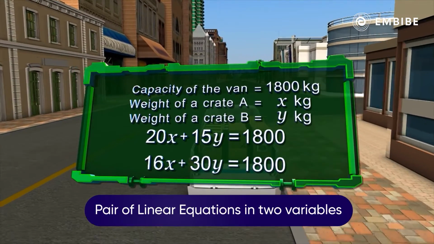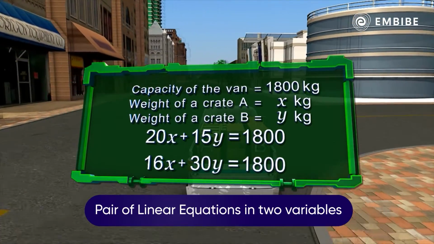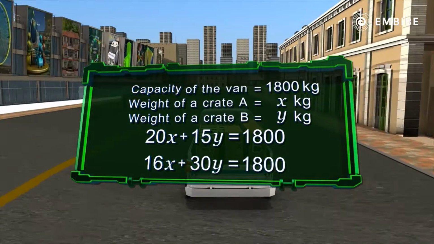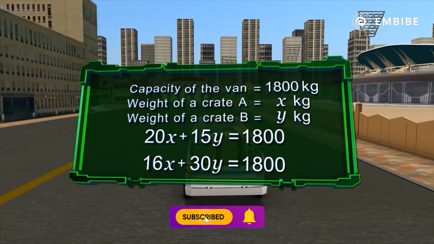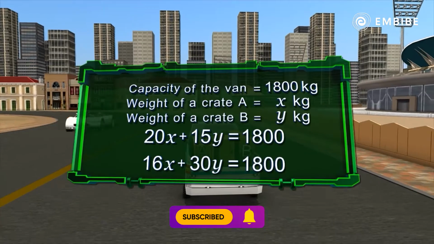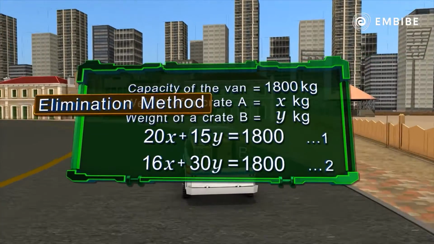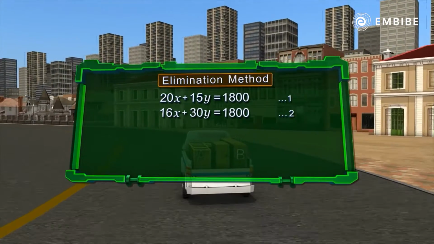Now we have a pair of linear equations in two variables. We have already learnt to solve the system of linear equations by the elimination method. To recapitulate this, let us solve the equations by the elimination method.